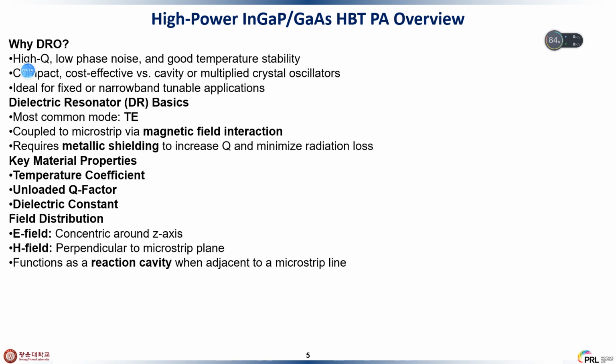The key material properties are almost three main properties. The first one is the temperature coefficient, the second one is the unloaded Q factor, the third one is the dielectric constant, and the final one is the field distribution, like the electric field and the H field.